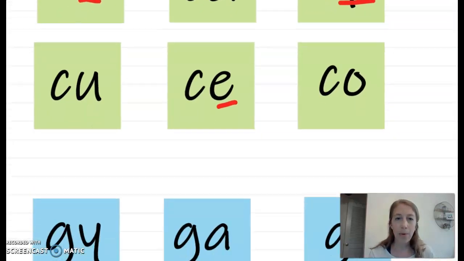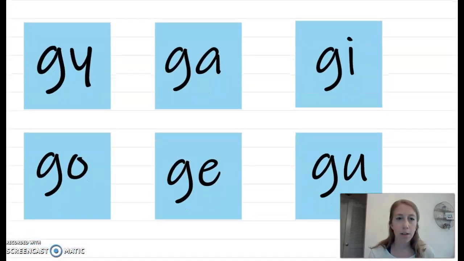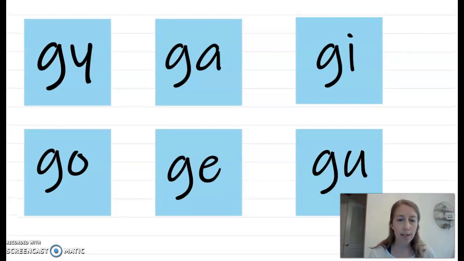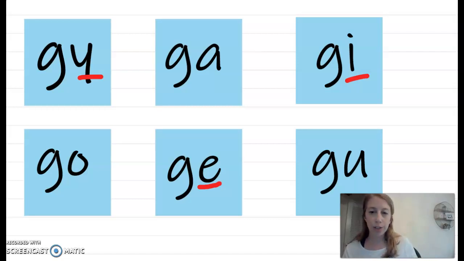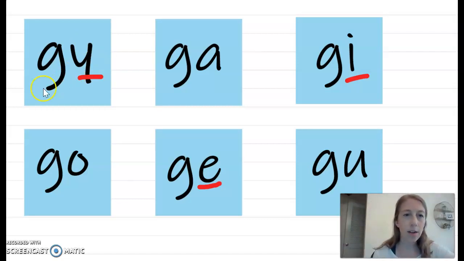So the same thing, I'm going to pull up our G cards. And I'm again going to look for the ones that have the E, the I, and the Y, because I know those letters are making my G soft, saying J. So looking at the first card, I know that this Y is making G say J. The A will keep it hard, G. The I will make it soft, J. The O will keep it hard, G. The E will make it soft, J. And the U will keep it hard, G, like in gum.